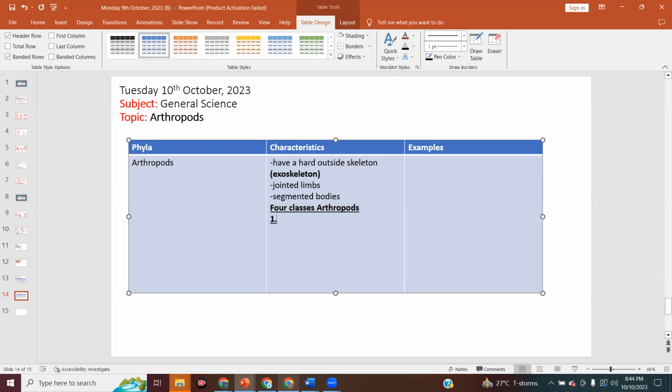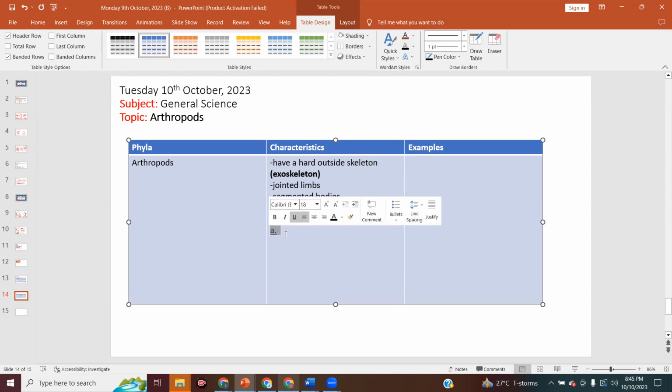The first one we're going to look at is the crustaceans. Those are the ones that everyone knows. Crustaceans, stuff like your crab and lobster.